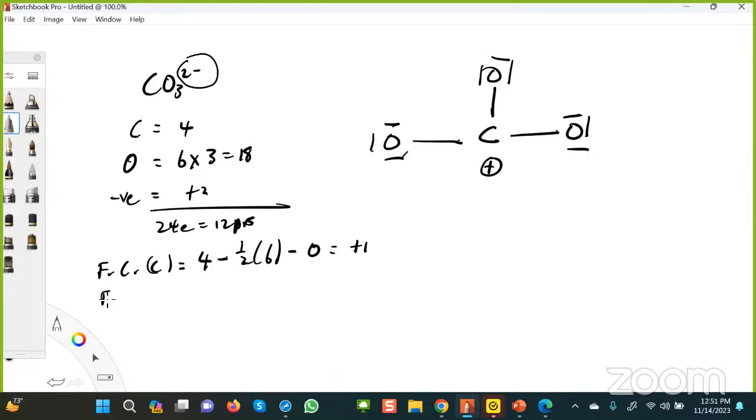And then for the oxygen, what's the formal charge? Minus 1. 6 minus half of 2 minus 6 equals the minus 1. So each oxygen will have a minus 1 charge. And then what?